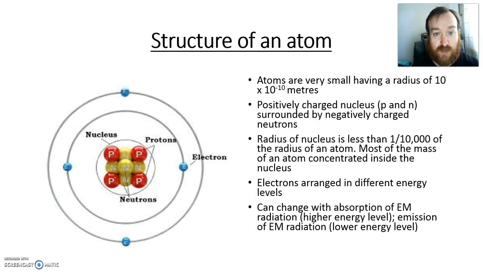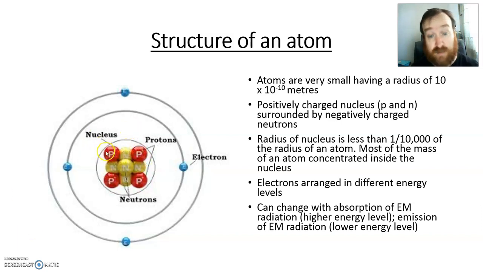You need to know about the structure of the atom. So you need to know what the atom looks like, what our model of the atom is that we use in GCSE physics, with this idea that there's a nucleus with protons and neutrons, with electrons orbiting it in shells. You need to know the sizes, roughly that it's times 10 to the minus 10 meters. You need to know the protons are positive, neutrons are neutral, electrons are negative in charge.